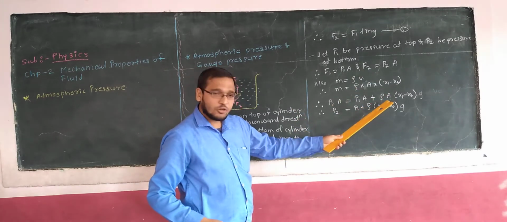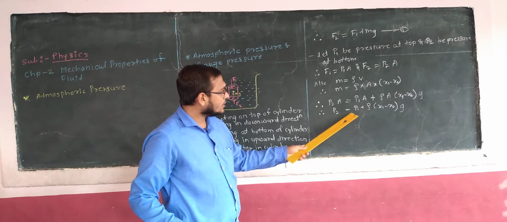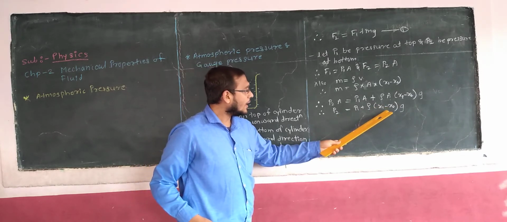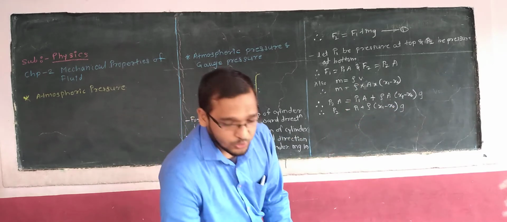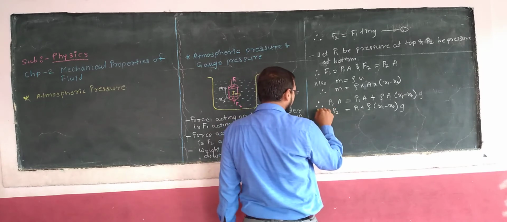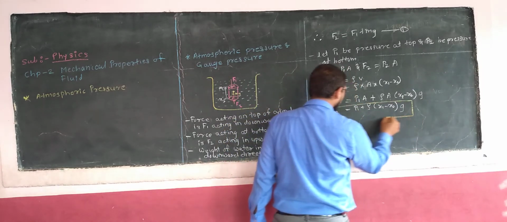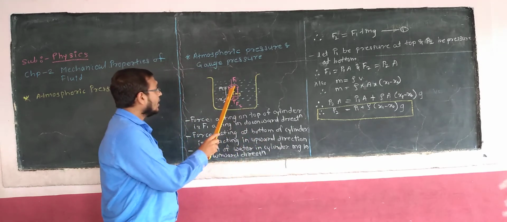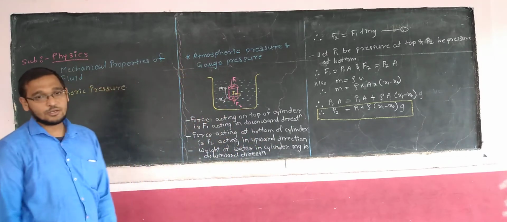After cancellation of A, what is remaining? P2 is equal to P1 plus rho into bracket x1 minus x2 into g. So this is the expression for atmospheric pressure and gauge pressure of a liquid acting on this cylinder. Note it down.